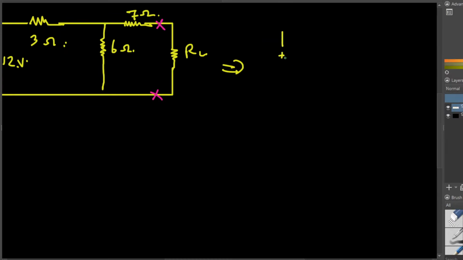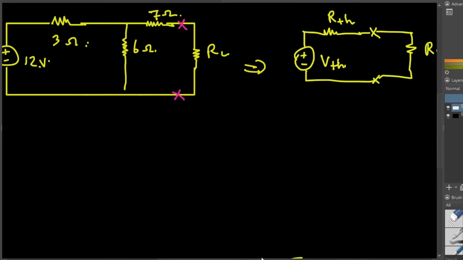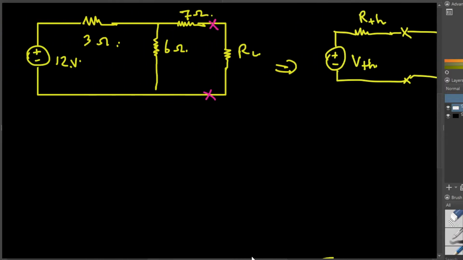So this is going to be V Thevenin right here, and then here we are going to have the R Thevenin, and we are going to have the load resistance right here. Okay, this is the equivalent circuit for this given diagram.